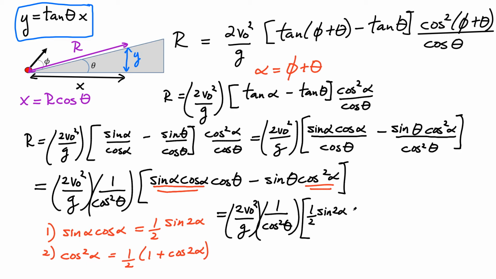That is still multiplied by cos of the angle theta. Minus sine of theta. Now cos squared of alpha over here, again, I'm going to use this double angle formula. So you're going to get 1/2 and 1 plus cos of 2 alpha.